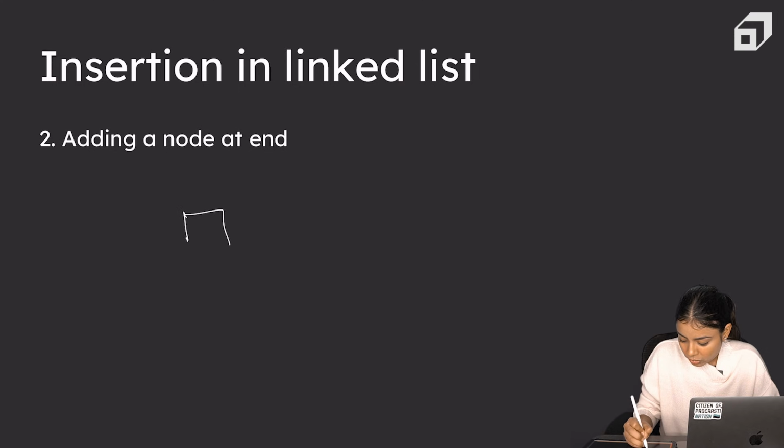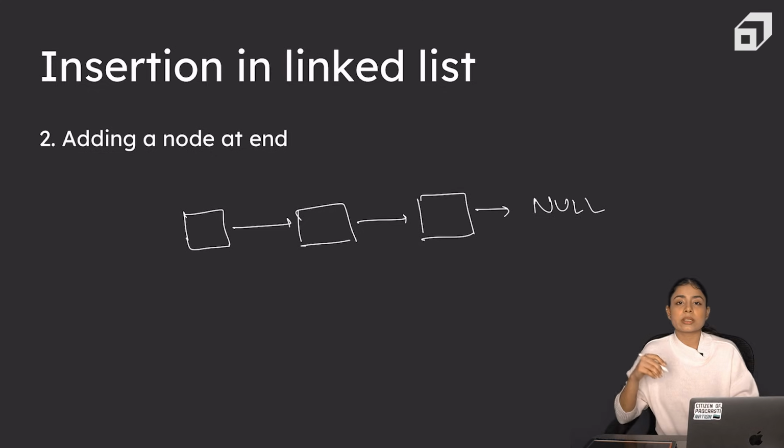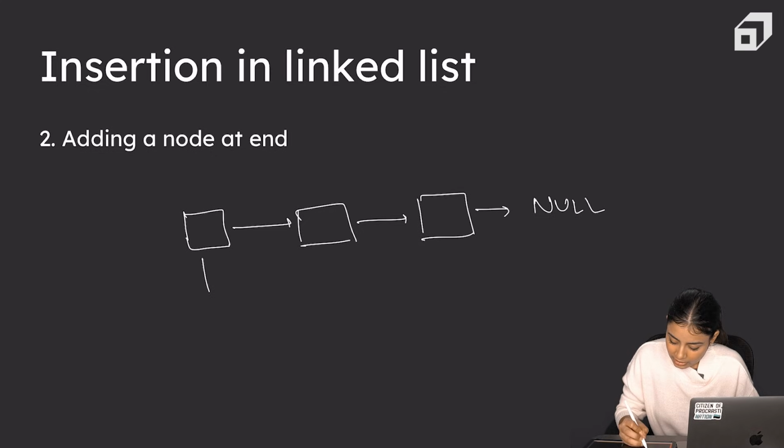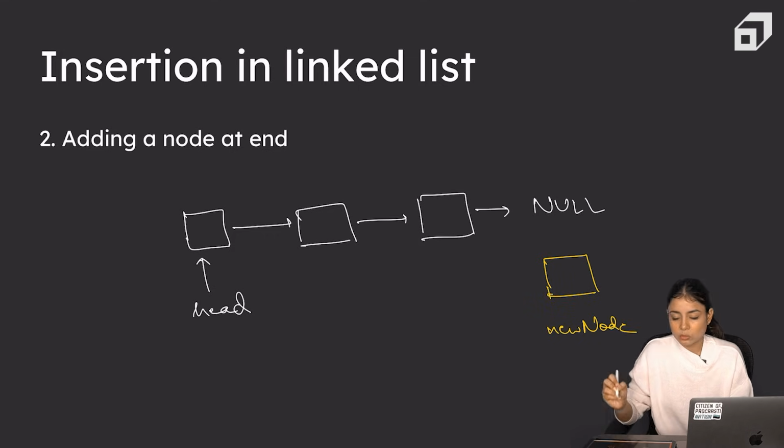Again, let's try to imagine here we have a linked list with 3 nodes, right? And the last node is pointing to null, and we have the head pointer. So if you want to add a node at the end, first of all, we'll create this new node.